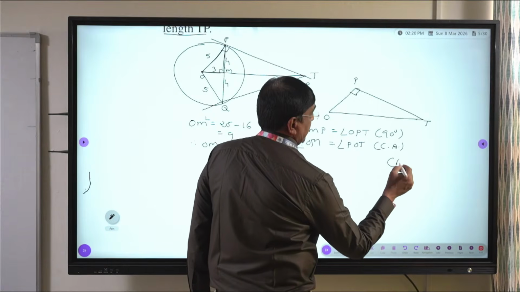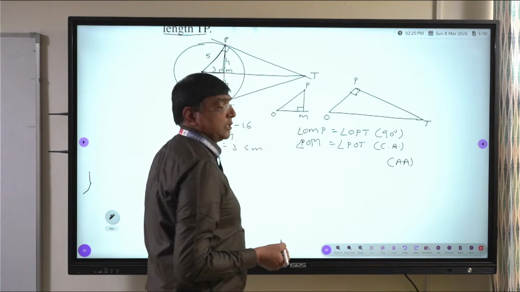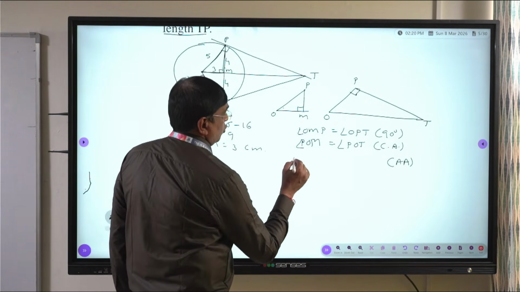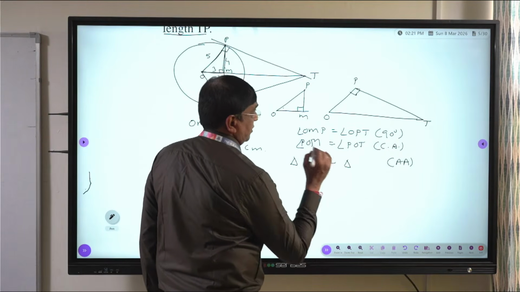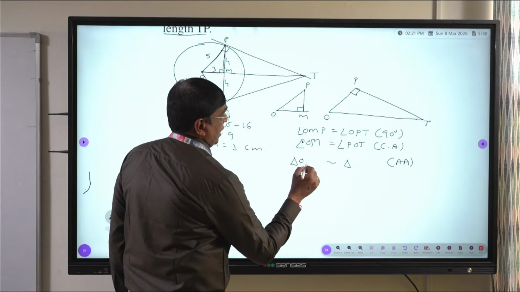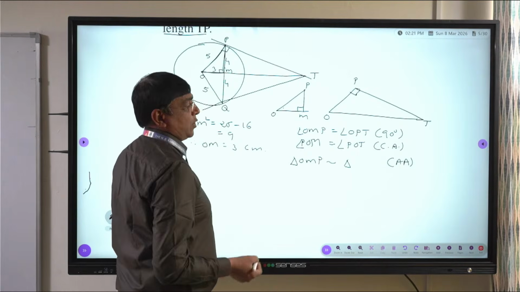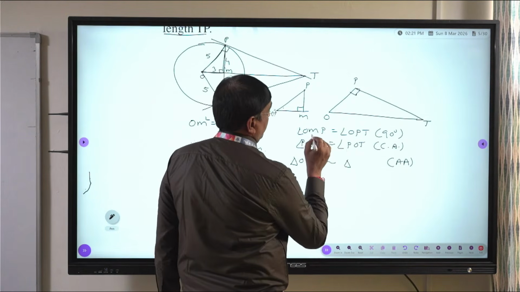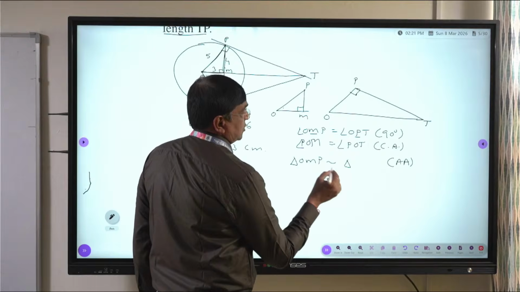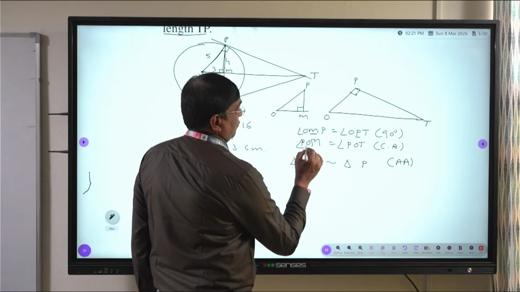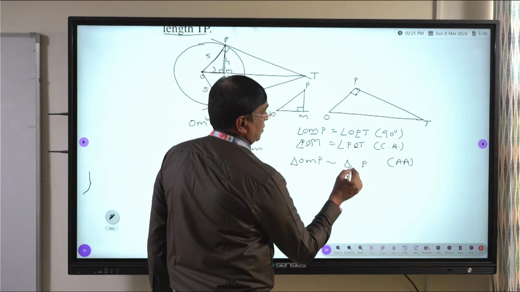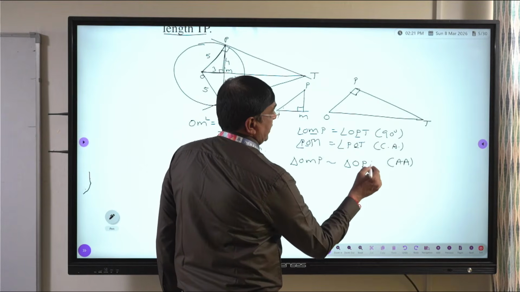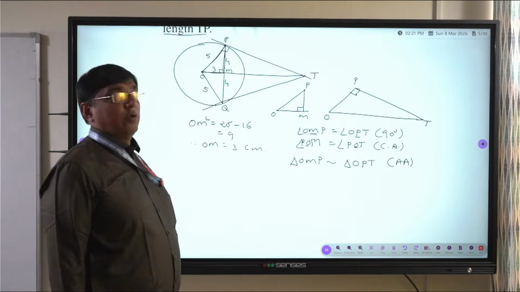So by AA, chapter 6, two triangles are similar. One triangle OMP, corresponding part with angle M, that is P, with angle O, that is O, and remaining is T. So OMP is similar to OPT.